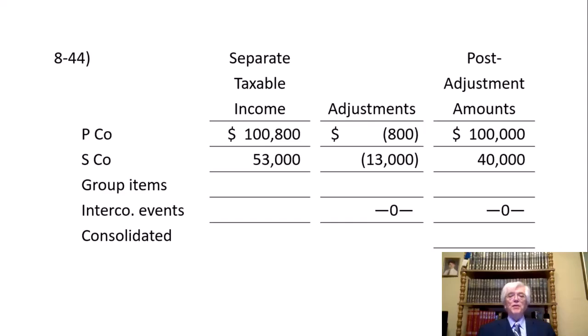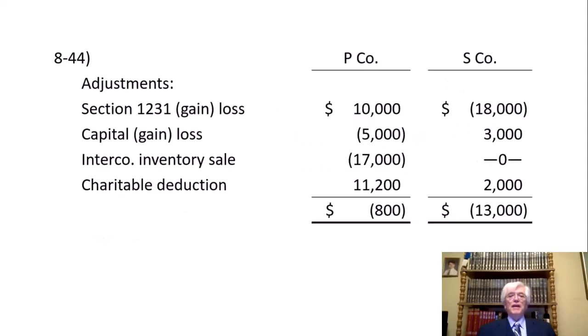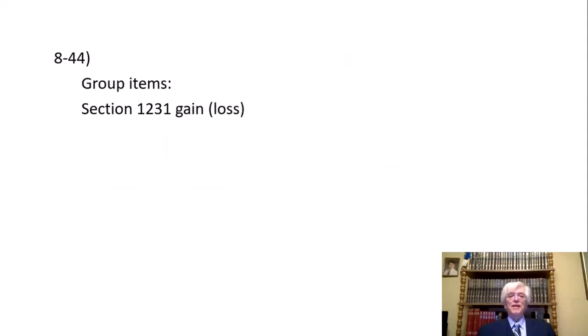Then finally we can do our group items. Now the adjustments that we made, section 1231 gains and losses, capital gains and losses, skip the intercompany sale, we took care of that, and then the charitable deductions, we will have to look at those. First, the section 1231 gain or loss. It's a net gain of $8,000. So that's fine. We can leave that in.